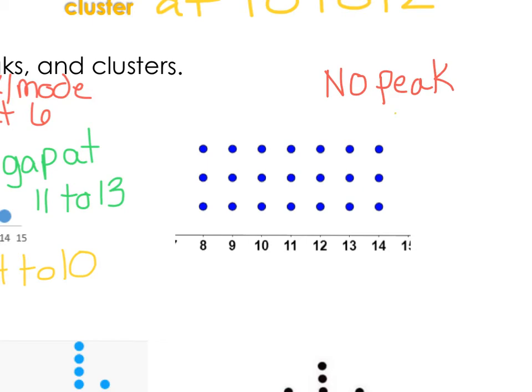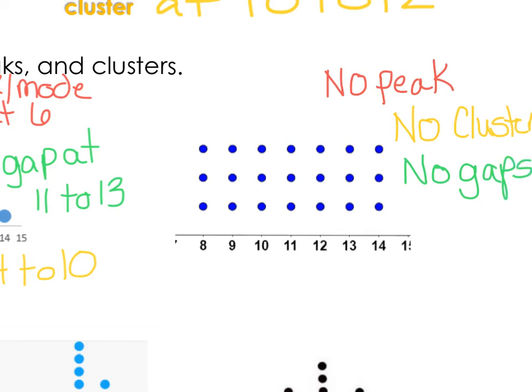So I would say no cluster, because everything is the same everywhere. Then I don't see any blank spaces. Every data has the same amount with no spaces, so there are no gaps. Not every graph has to have a peak, a cluster, or gaps. Here we actually call this a uniform graph because everything looks exactly the same.